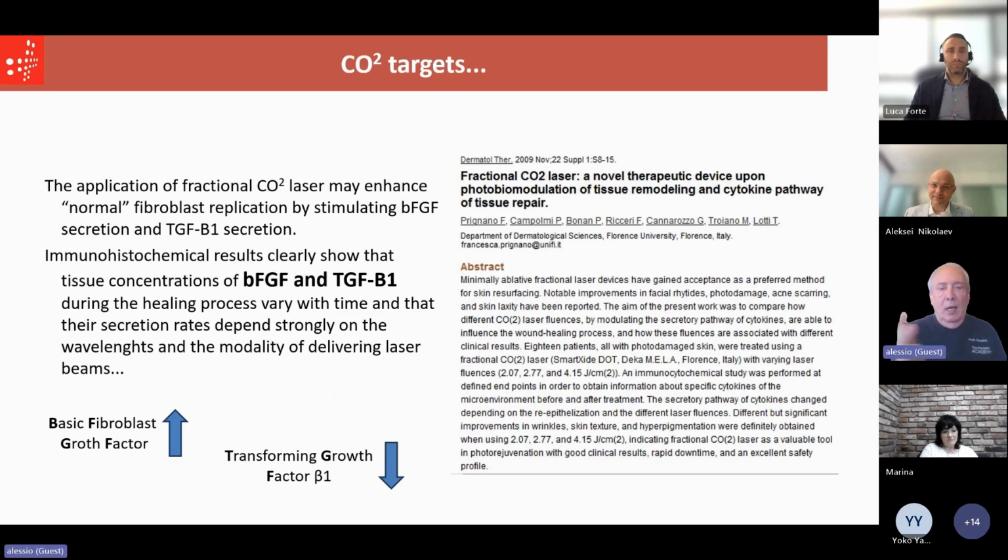We do have a lot of articles, and here you see this article from 2009. So it is not today that we do the fractional laser, that is much better than the non-fractional laser. And the fractional laser may enhance many growth factors, particularly the basic fibroblast growth factor, and for example, also the transforming growth factor beta 1.